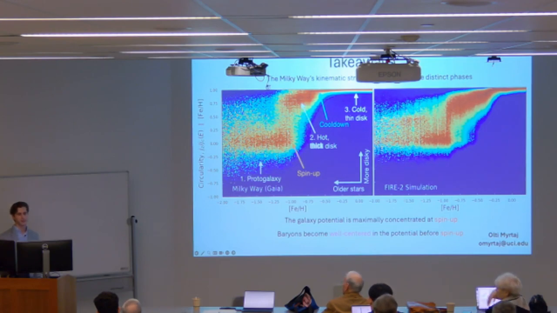Yeah, and just one quick second question. So you mentioned that the baryons center right before spin-up, and I don't know if the SIDM reruns have good enough snapshot cadence yet, but I was wondering, is that affected if you implement self-interacting dark matter physics? I can't say that I have a good answer for that.